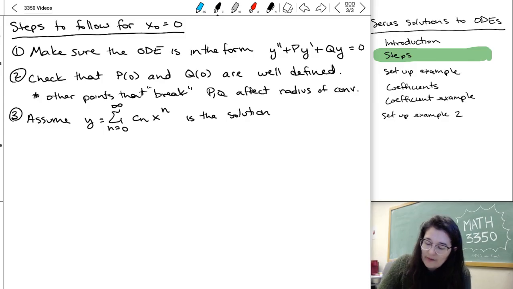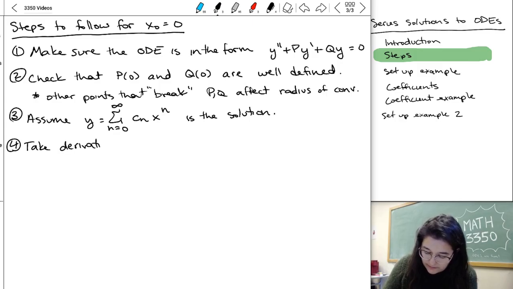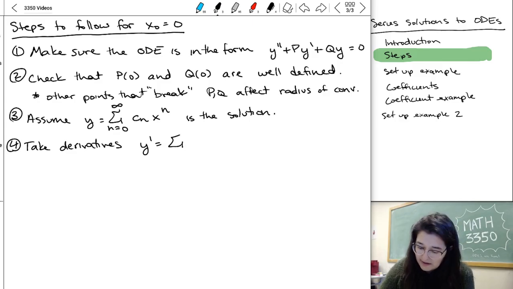Most recently, we spent so much time with Laplace. It's been a while since we assumed a solution and plugged it in, but that's what we're going to do. We're going to take our derivatives. I know we wrote them in the last video, but I'm going to put them here so they're next to your steps in the notes.